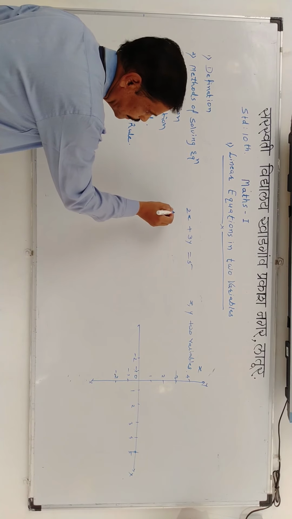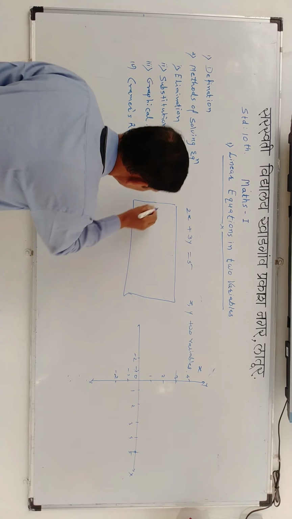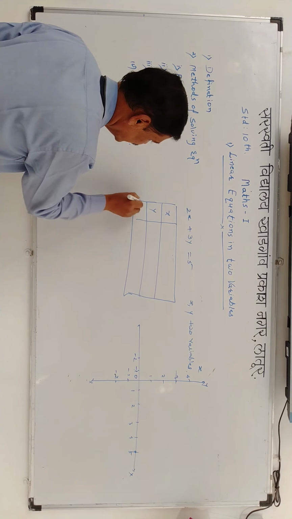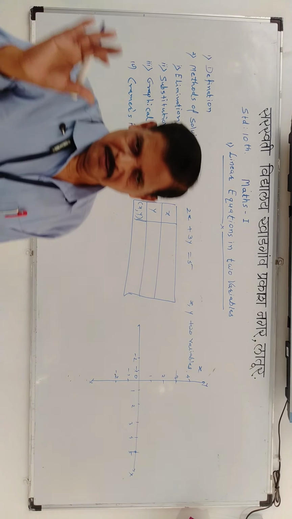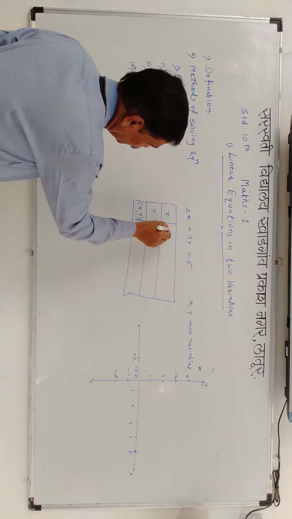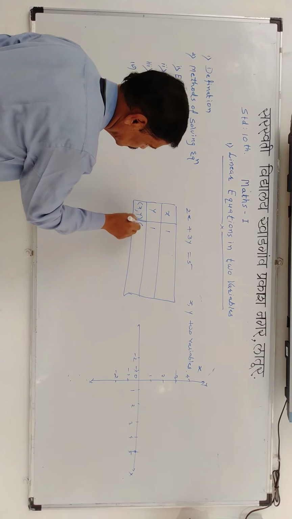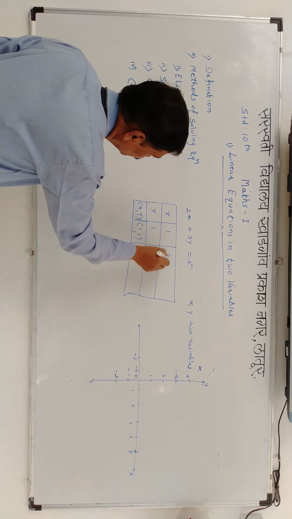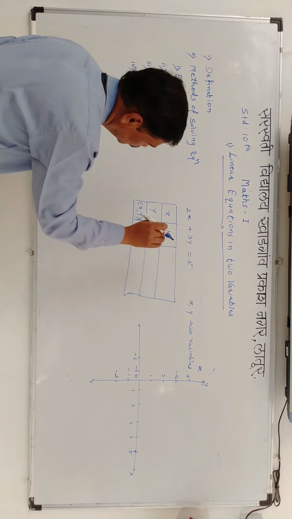Now when we draw the table of x, y and coordinates xy, you have learned this procedure in 8th standard and 9th standard. Now when we put x is equal to 1, we get y is equal to 1. When we put x is equal to 2, and x is equal to 0.